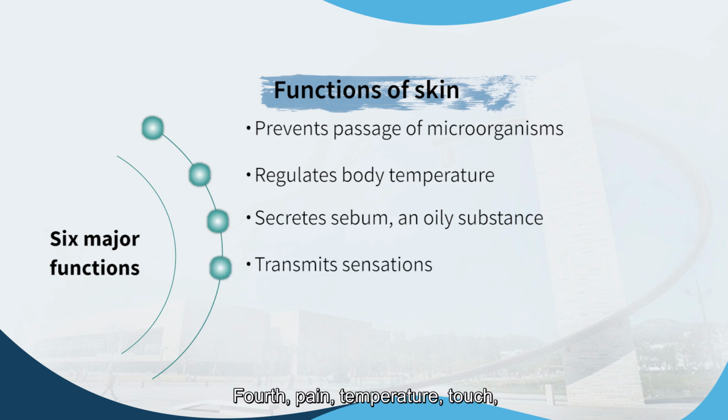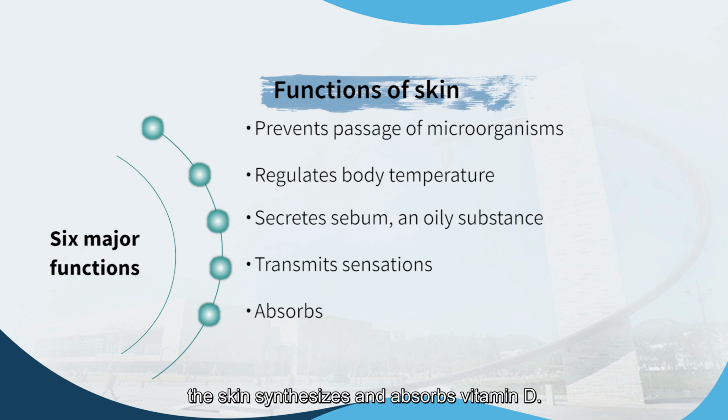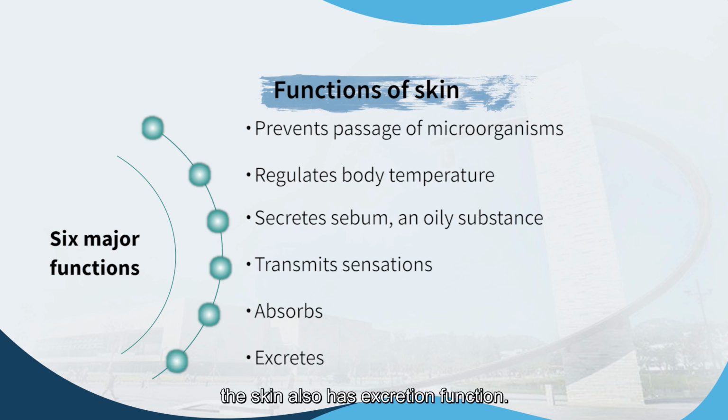Fourth, pain, temperature, touch, and pressure are transmitted through sensory receptors on the skin to the brain. Fifth, when exposed to sunlight, the skin synthesizes and absorbs vitamin D. Lastly, the skin also has excretion function.